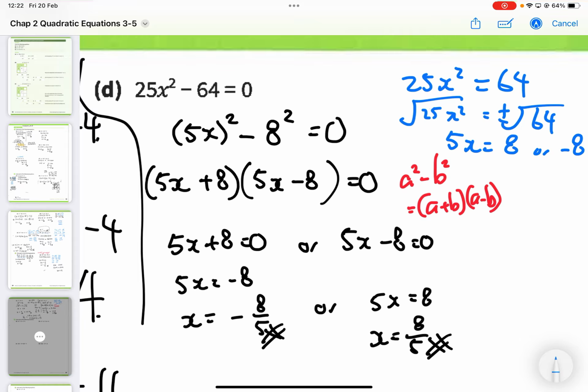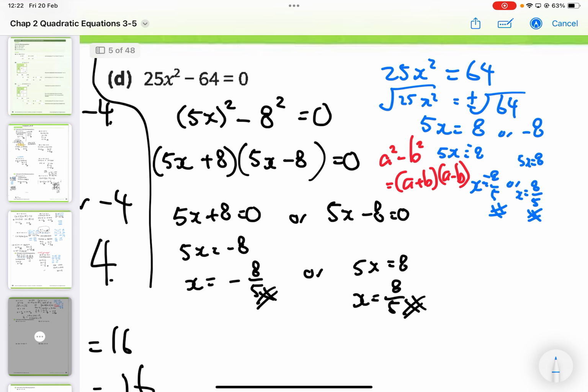Next step, 5x equals to 8, x equals to 8 over 5, or 5x equals to negative 8, x equals negative 8 over 5. So both can get you to the same answer, if you do it correctly.